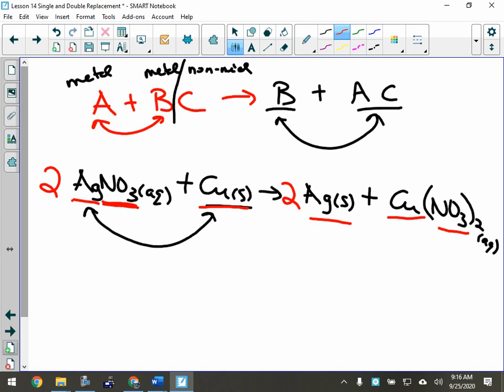Pretty typical balancing of single replacement kind of thing. All right, questions, anyone? I think we'll do one more. Sure? Okay. Let's see.